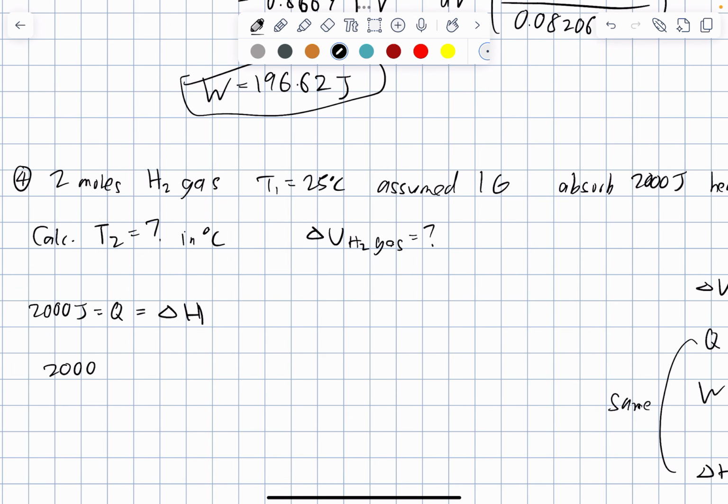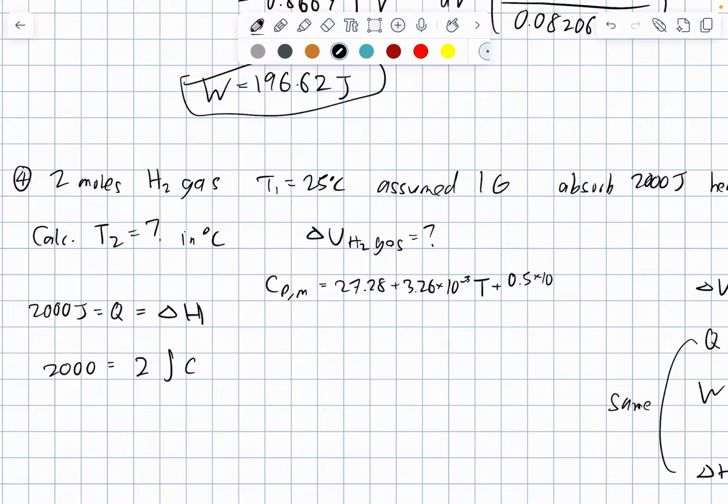So 2000 equals n, so 2 moles, and then Cp. Oh yeah, in this problem, Cp molar is detailed, no? 27.28 plus 3.26 times 10 to the negative 3 T plus 0.5. This is in SI units, no?